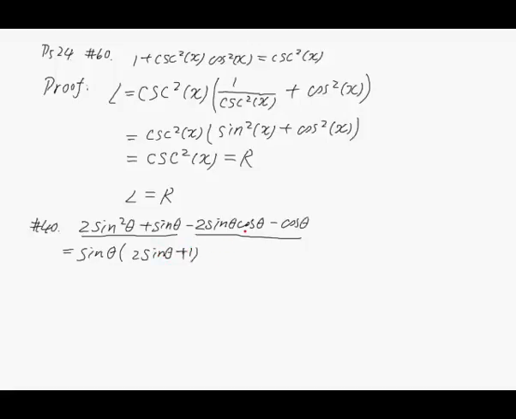And in the second group, we have the common factor negative cosine theta. So we factor out this negative cosine theta. Then inside the parentheses, we have 2 times sine theta plus 1. Now, in these 2 groups, we have the common factor 2 sine theta plus 1. So now we factor this out, and we have 2 times sine theta plus 1 and times sine theta minus cosine theta.